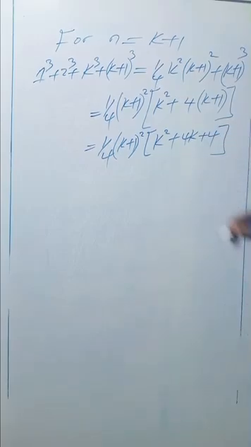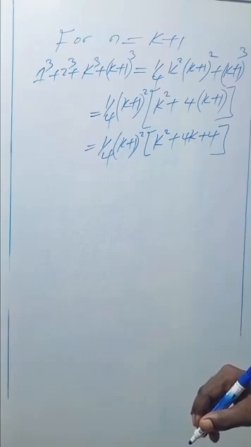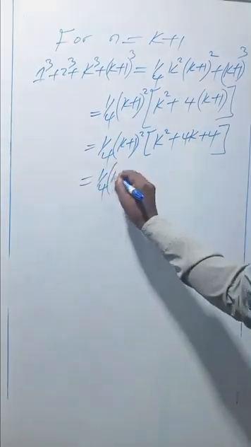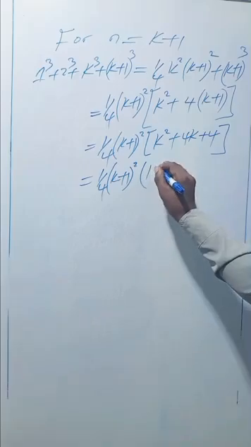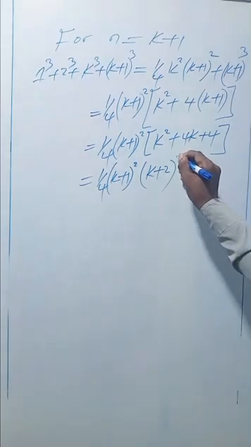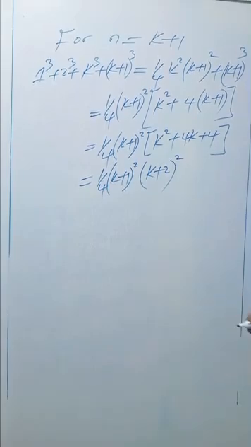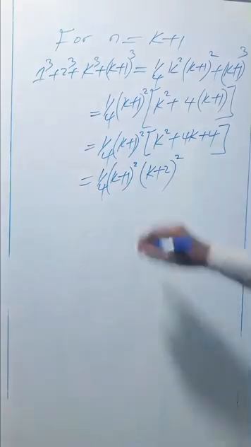Looking at this one, I'm seeing a perfect square of k plus 2. So here we shall get 1 over 4, then k plus 1 squared, then k plus 2, again squared. So this is our new statement.